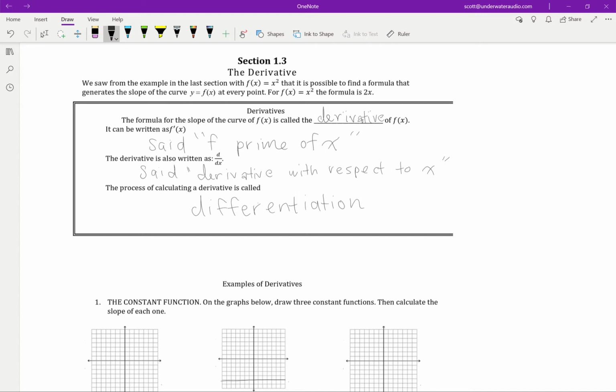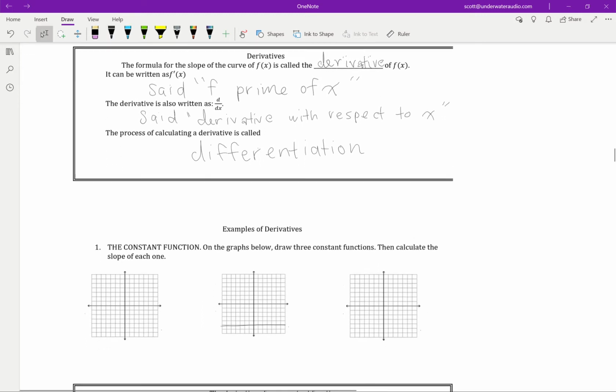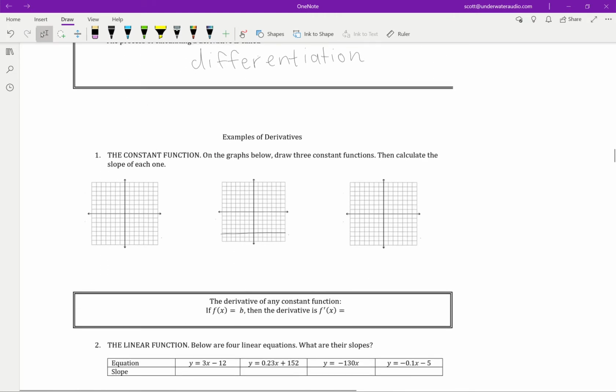So for example, probably the easiest one is if we were going to find the derivative of a constant function. A constant function is something in the form like f of x equals a number, like f of x equals 1. So we'll just draw that straight line right there. So that's f of x equals 1. It's always going to be a straight line. Oh, look, I already did one here.